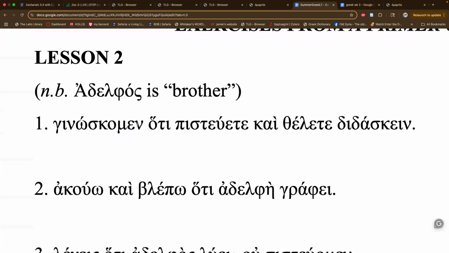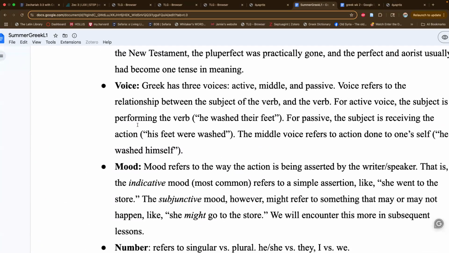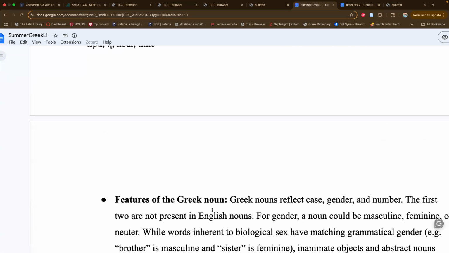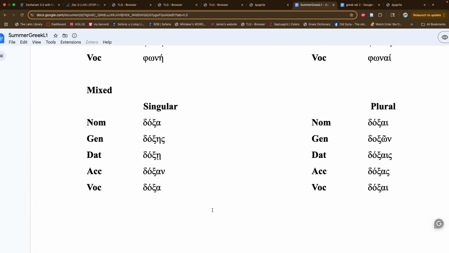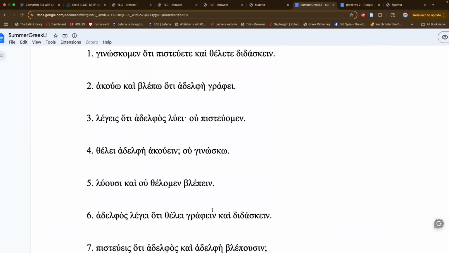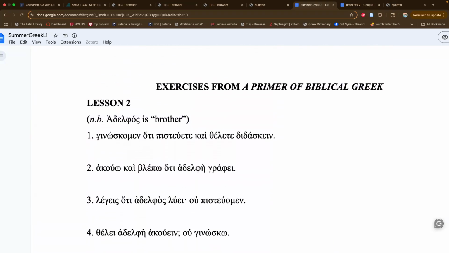If we look up at the beginning, we see ginosko meant I know, and then ginoskomen is going to mean we know. It's sort of like Latin or Spanish, like amos, I suppose. But yes, ginoskomen is we know, and then hoti is as you said. So ginoskomen hoti, we know that.